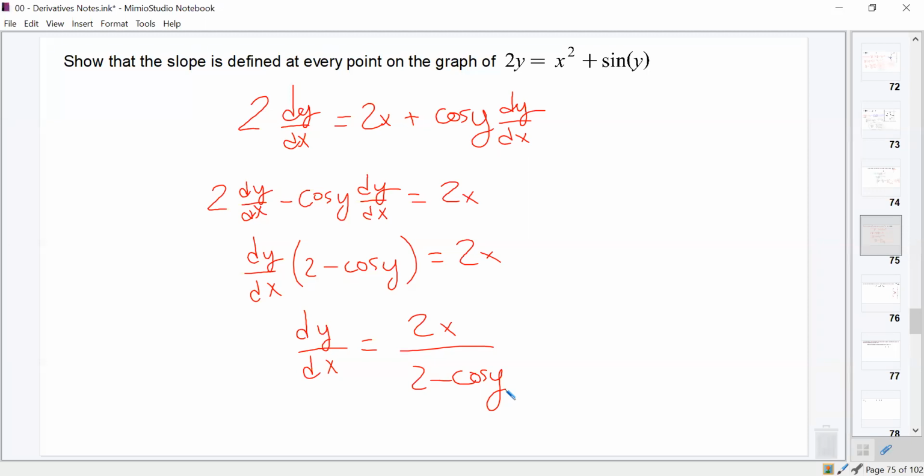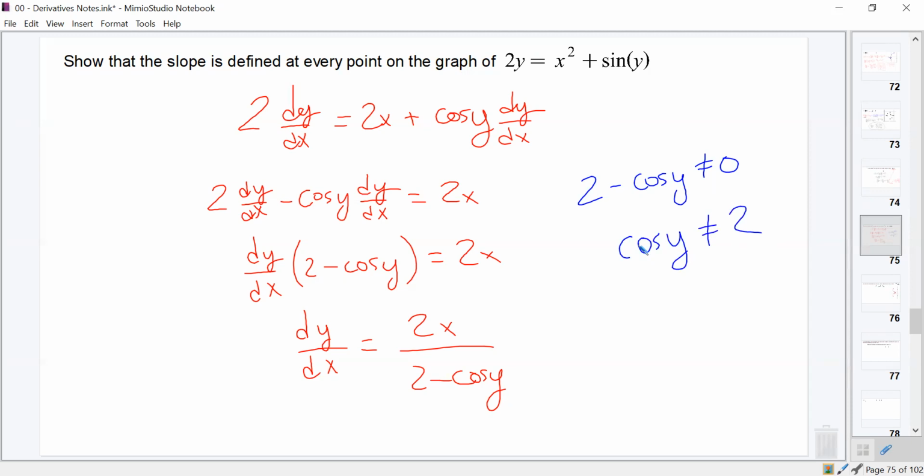Well, we know that the cosine of y is defined for every value of y, but we do know that the denominator of a fraction, in this case 2 minus cosine y, can't equal 0. Right? Those would be restrictions on the domain of this. So that would tell us that cosine y is not able to equal 2.